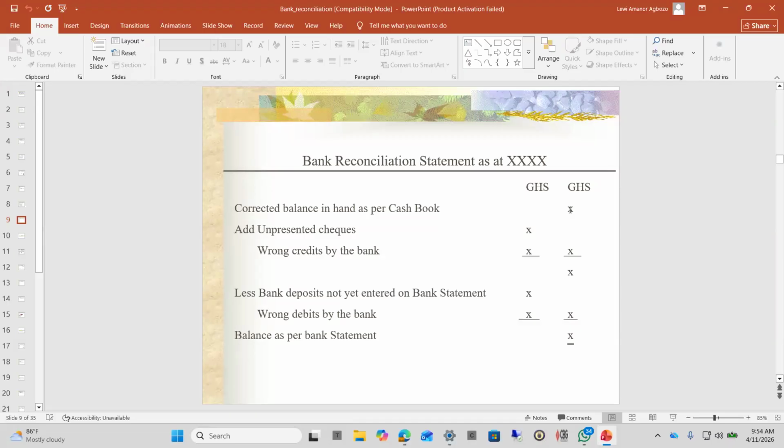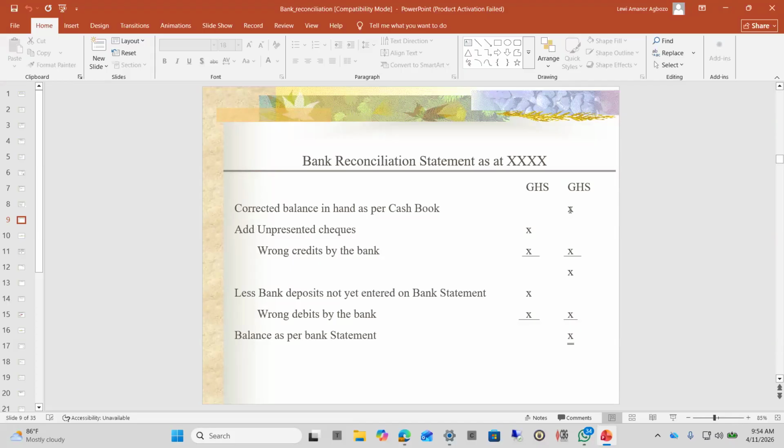Then after adding the unpresented check and the wrong credit, now you subtract bank deposits not entered on your bank statement. That is what we call uncredited checks.